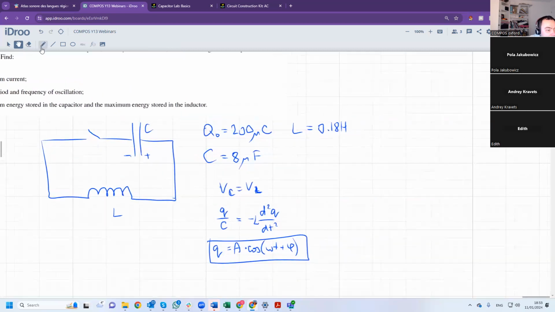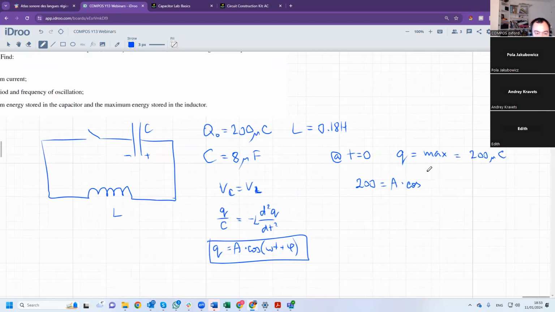Now, at t equals 0, Q is maximum. And it's equal to 200 microcoulombs. That tells us 200 equals A multiplied by cos of 0 plus phi.